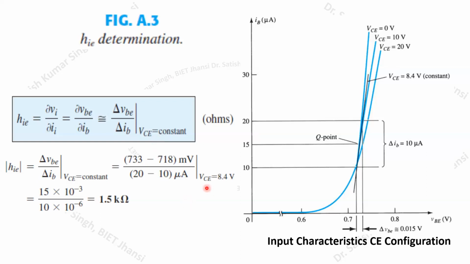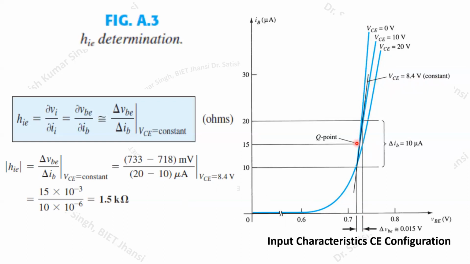Here VCE is taken as 8.4 volt. These curves correspond to different VCE. The black curve corresponds to VCE equals 8.4 volt.